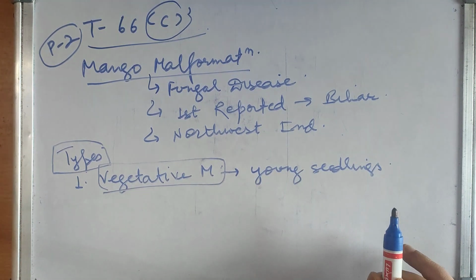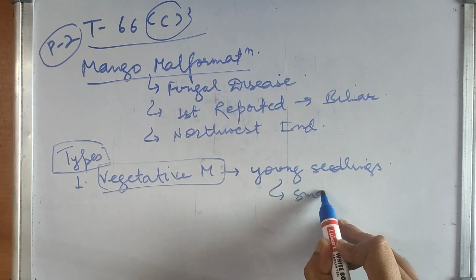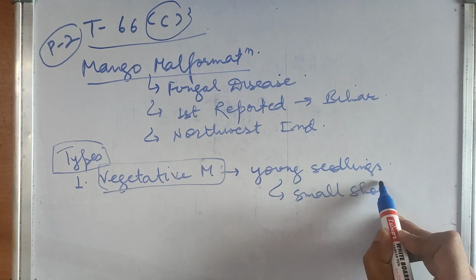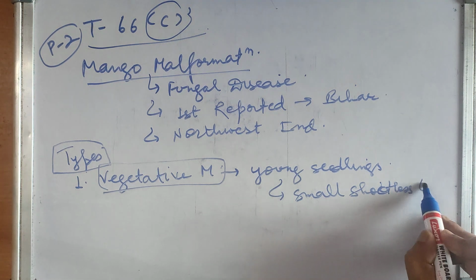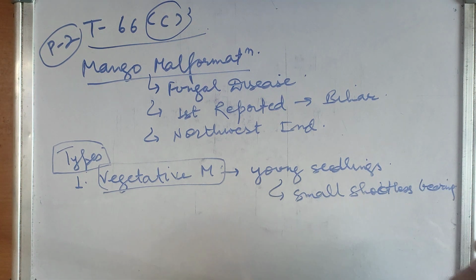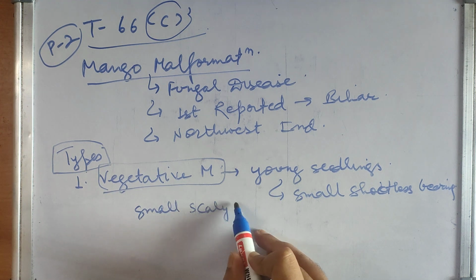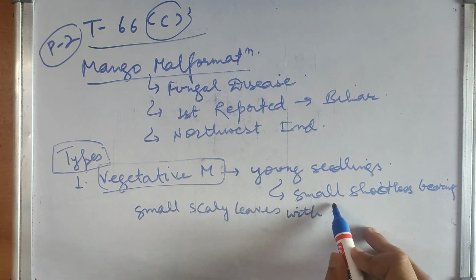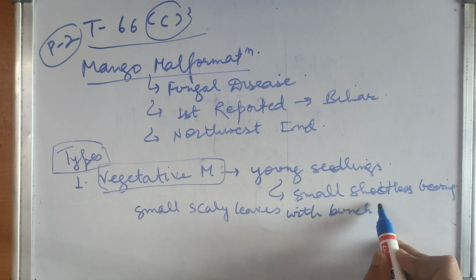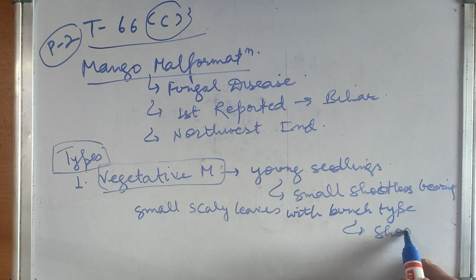These seedlings produce small shoots bearing small scaly leaves, with a bunch type appearance, and this bunch type appearance can be seen in the shoot apex.